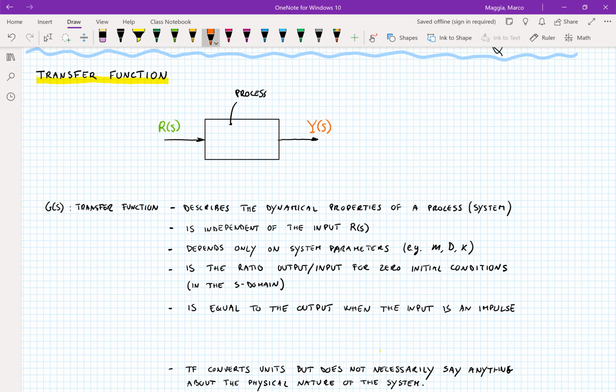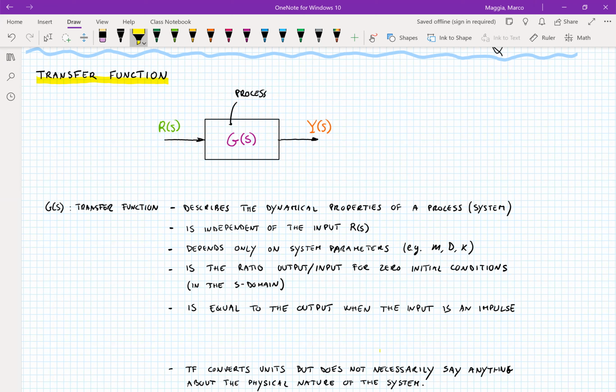The transfer function, in a few words, just describes the nature of the process, and it is given as a function in the S domain, which we're going to call G of s. All right, so it has many meanings, the concept of transfer function.